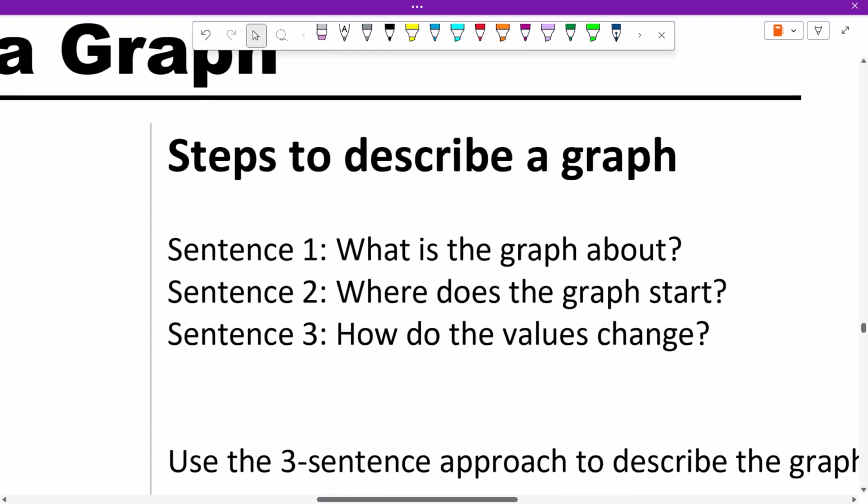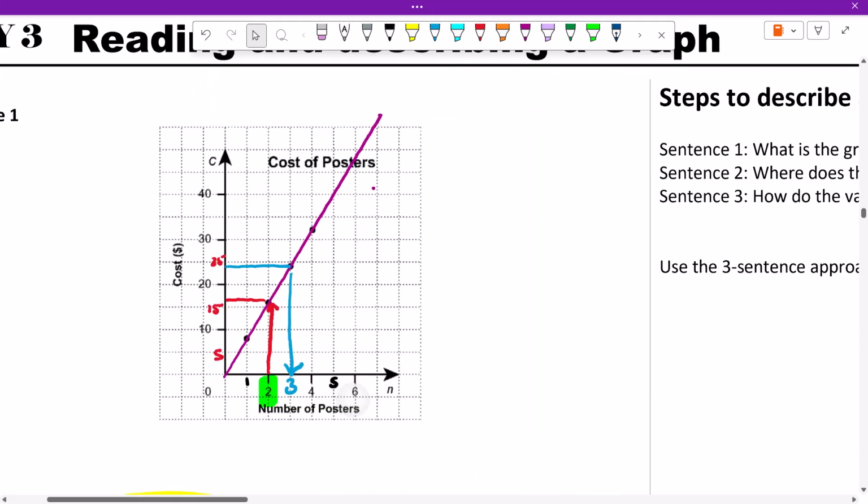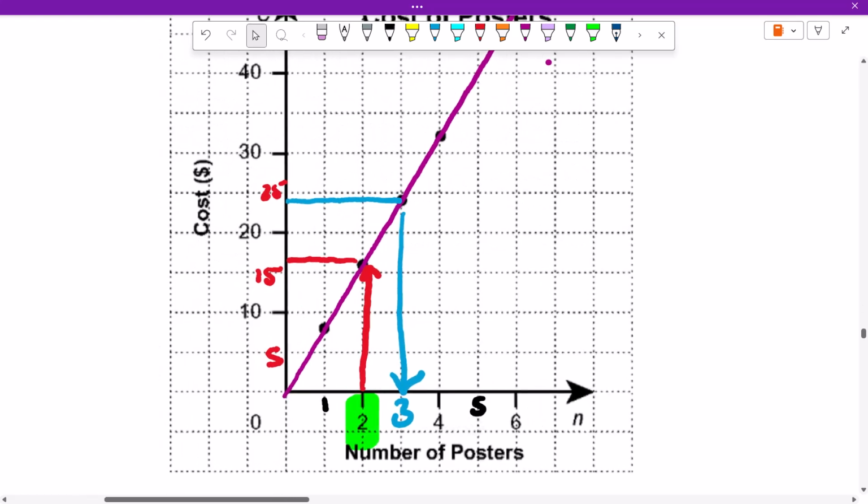So that's your title for the graph, or your axes, right? Because that's what describes a graph. What's going on here? How many posters, how much money does it cost to buy posters? And that's your title, or the title of the graph, if there is one.